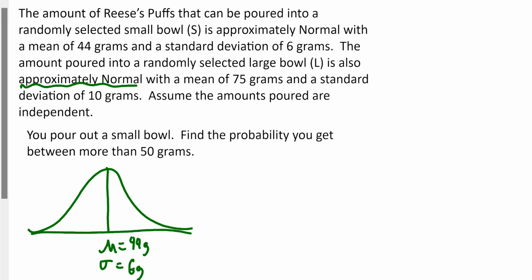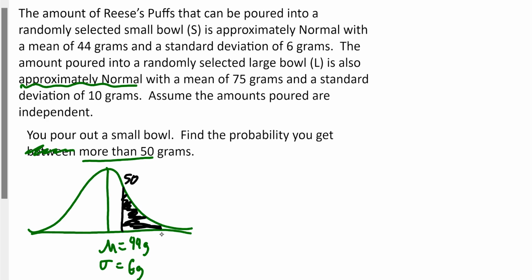We're trying to find the probability to get more than, so it shouldn't have this word between in there. I'll get rid of that. More than 50 grams. So the 50 kind of falls, well, it's above 44, so we'll say 50 is about right there. And we want to find that probability under the curve here.